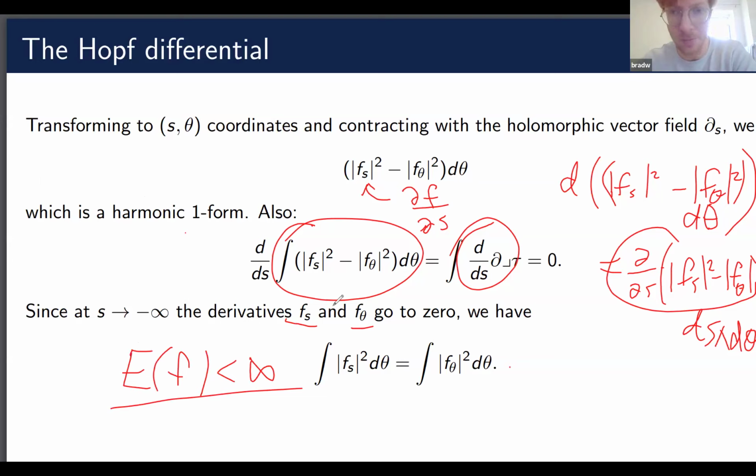So when we take the limit as s goes to minus infinity, this quantity becomes zero, and because we know that it's constant, we just extrapolate that to every s.